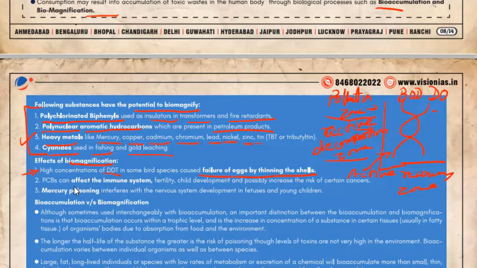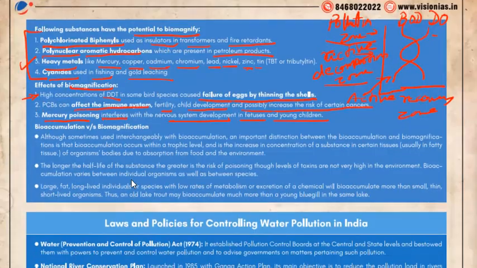PCBs can affect the immune system, fertility, child development and possibly increase the risk of certain cancers. Next is mercury poisoning, the Minamata disease, which interferes with nervous system development in fetuses and young children.